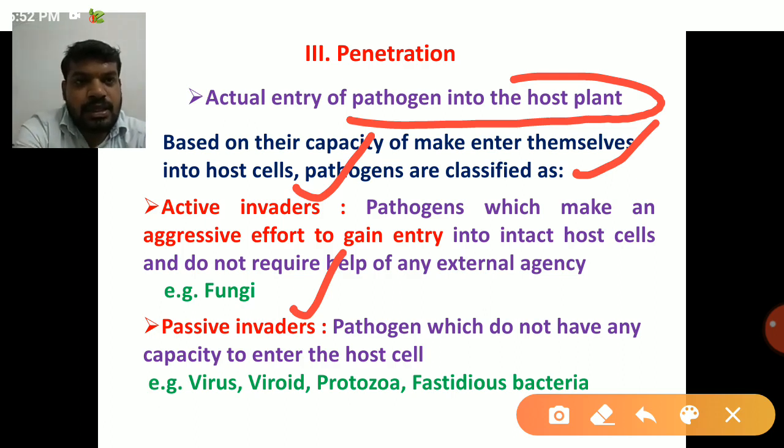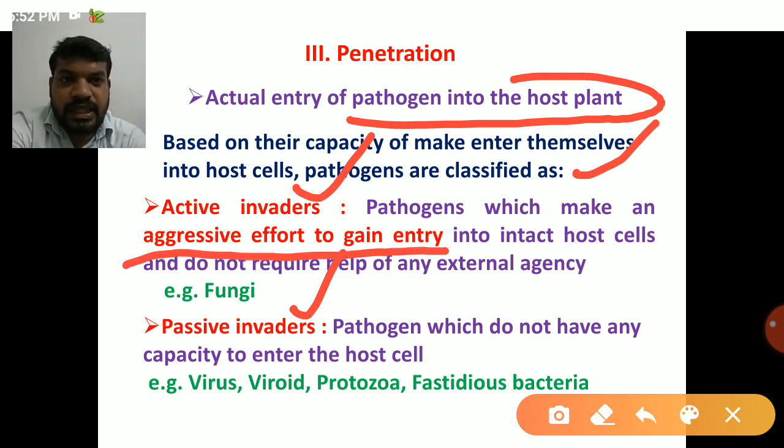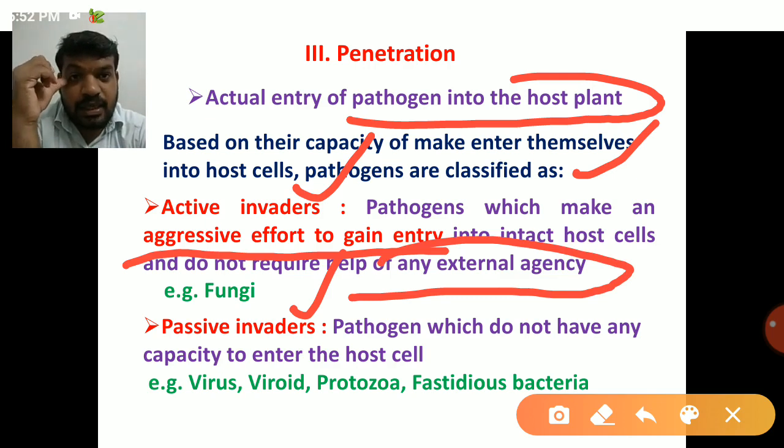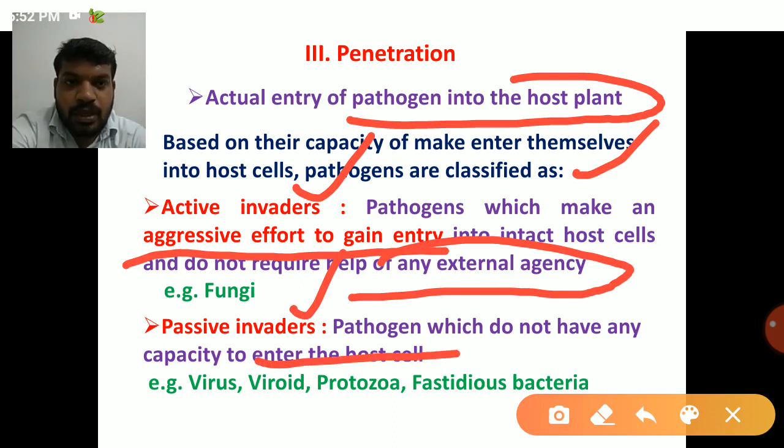Active invaders are pathogens which make an aggressive effort to gain entry into intact host cells and do not require the help of any external agencies like insects. A passive invader is a pathogen which does not have any capacity to enter the host cell or puncture the host cell.